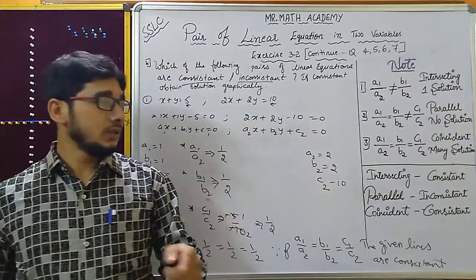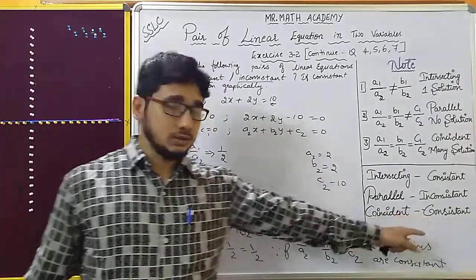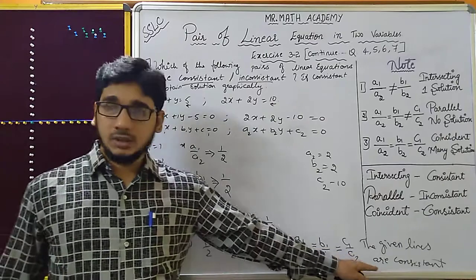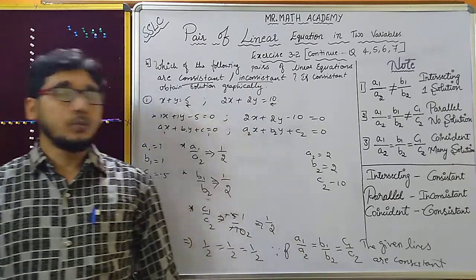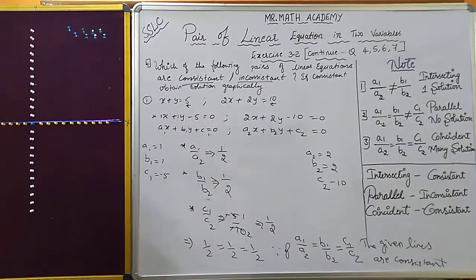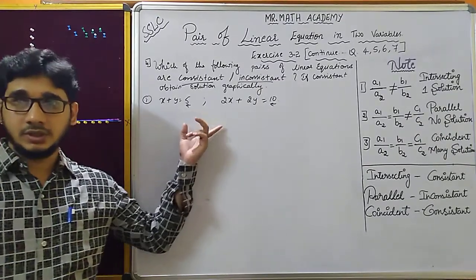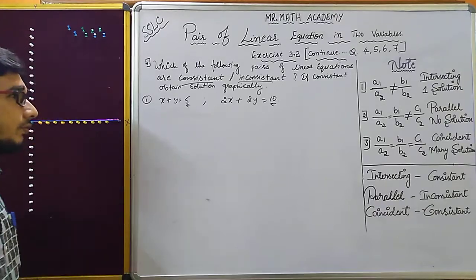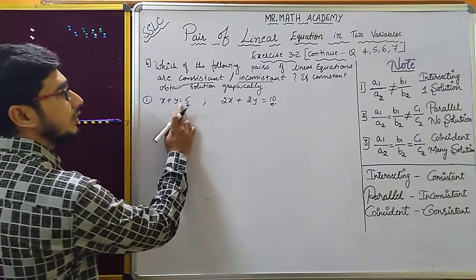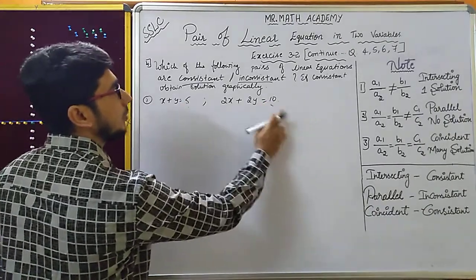If you are getting the solution, then it is consistent. Now we will plot graphically. Let us see how to plot the graph. I told you, always keep it in terms of y so that it will be easy for us.